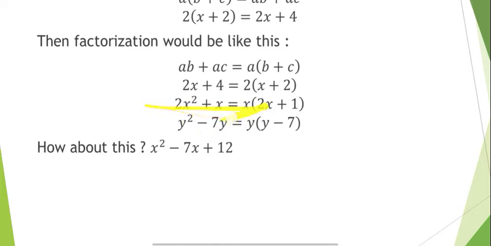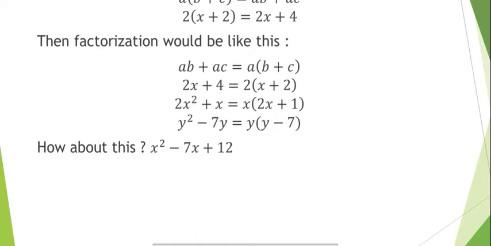So we pull out the x. For 2x squared, there is still one x remaining, and of course the 2. And for this x, there's no x remaining, so we just write 1. This one, we also pull out the y, so we still have one y here, and there's no y remaining, so just negative 7. Easy? Okay. That's how you factorize.